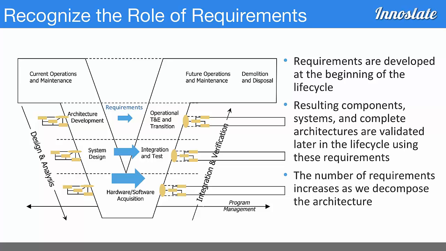You're making sure that they met the specs, all the way up to does it really meet the operational need before it's transitioned into the future state of operations and maintenance. So requirements are developed at the beginning of the life cycle. The resulting components and systems and complete architecture are validated in the later part using those requirements. The number of requirements is increasing as we decompose the architecture.